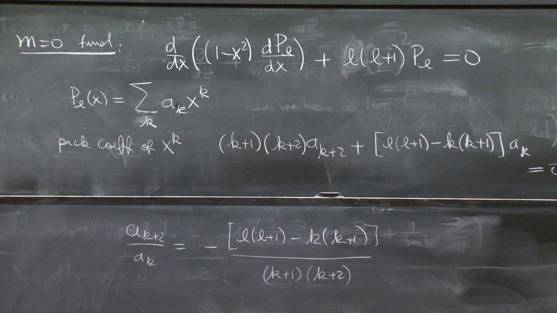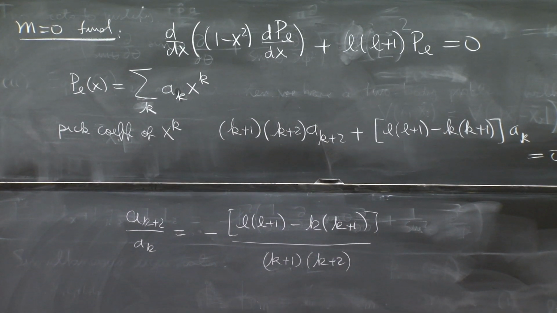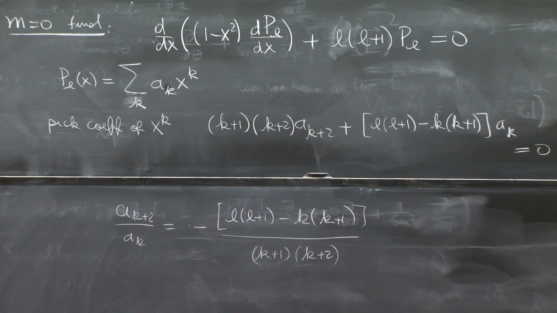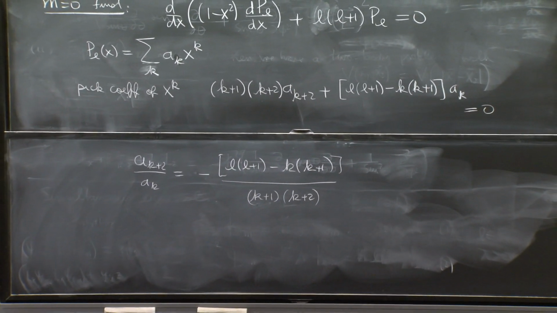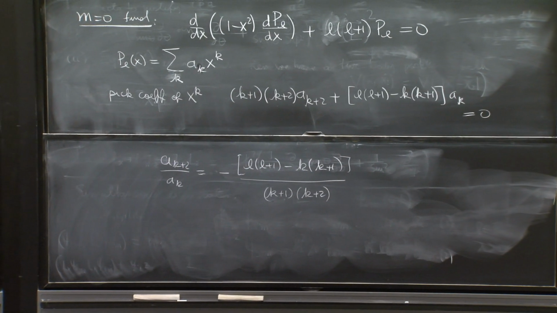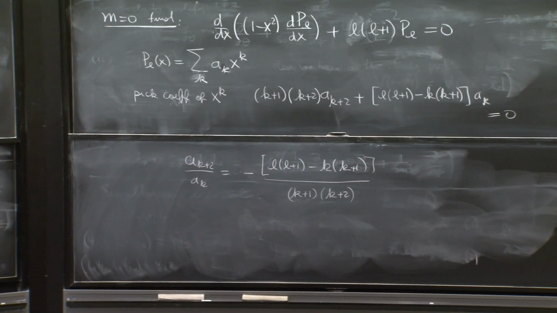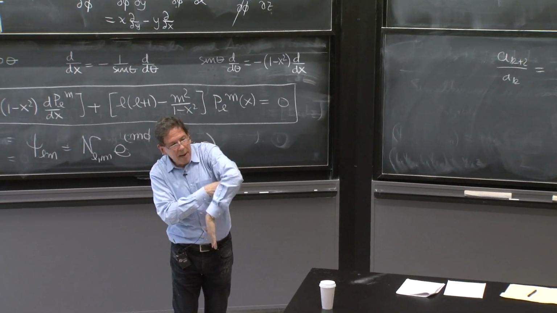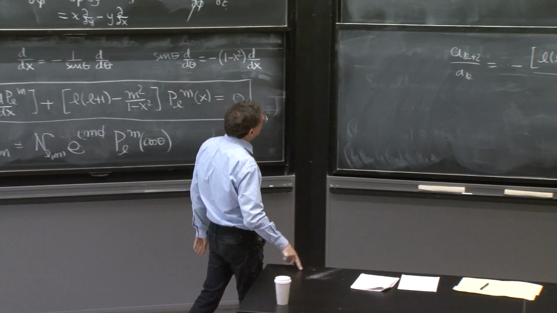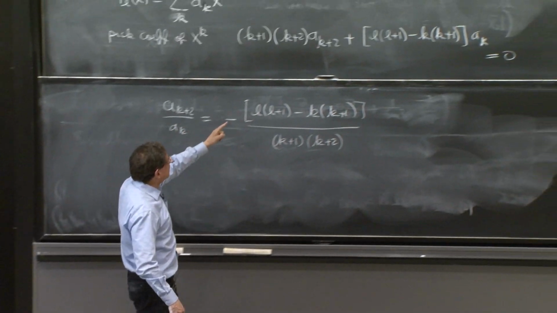And the same story that happened for the harmonic oscillator happens here. If this recursion doesn't terminate, you get singular functions that diverge at x equals 1 or minus 1. And therefore, this must terminate.